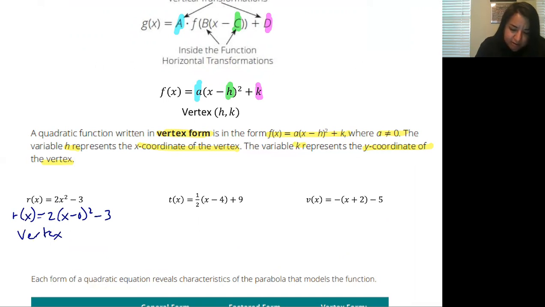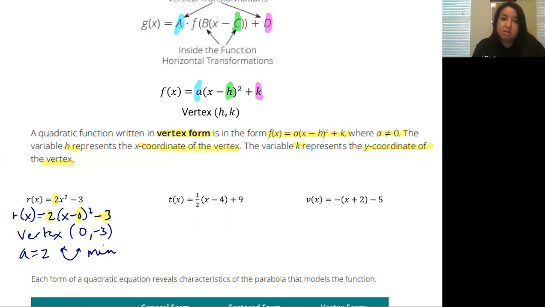And if you recall, h is 0 and k is negative 3 here. So therefore, my vertex is at (0, -3). The other thing is, I still have an a value. That a value in this function is 2, that's positive. So that also tells me the graph opens upward, meaning that my vertex is actually going to be the absolute minimum of my parabola for this graph.